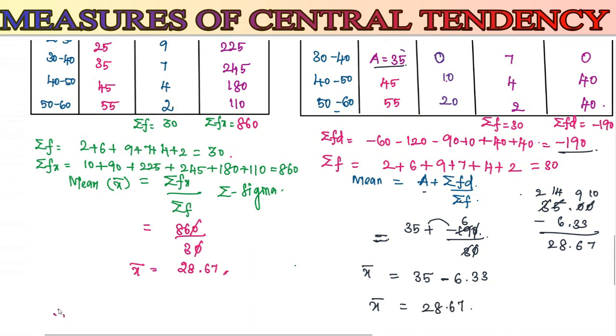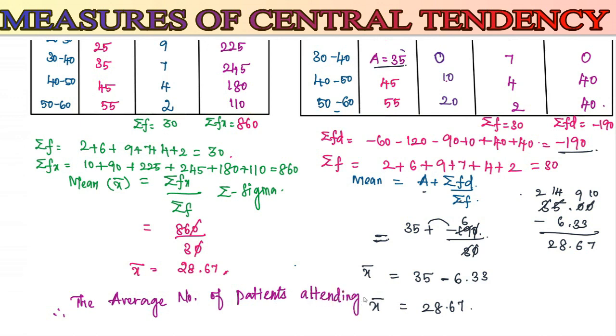Therefore, the average number of patients attending the hospital in a day, X bar, is equal to 28.67. When you round off you will get 29 patients.